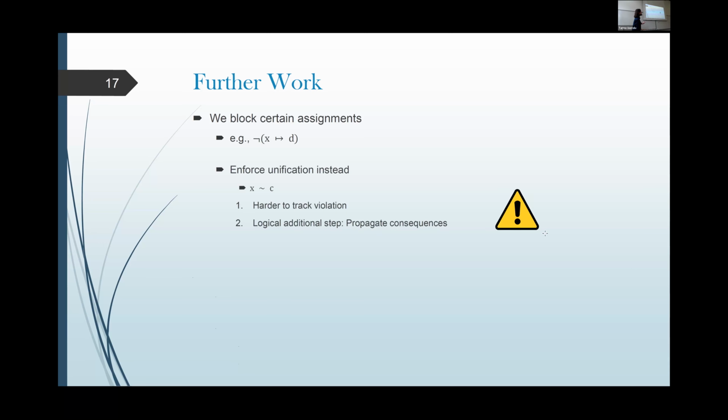Of course, there's always a lot of things to improve. We're aware that there are certain things we could definitely do. In particular, we were always talking about not doing this particular assignment, or a conflict in case we do this assignment again. But why not just say X has to make this assignment, and turn it bottom up, and just say what we have to do rather than what we should not do? Well, we could. The problem is that this is very hard to track.